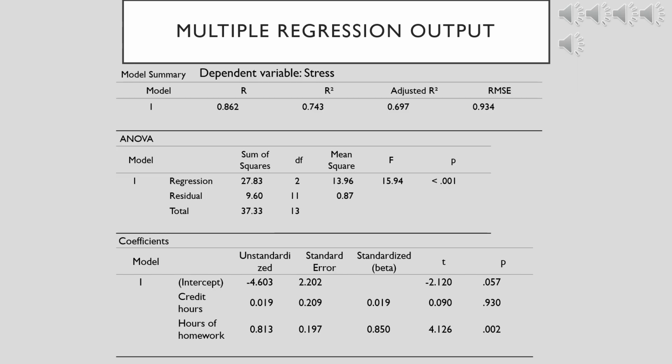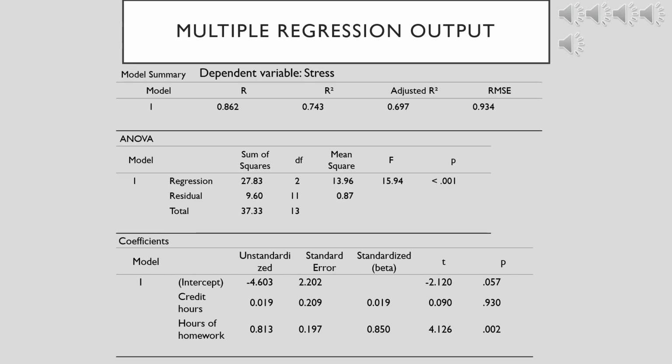Okay, and finally, what does an adjusted R-squared value of 0.697 tell you? That value, 0.697, tells you the proportion of variability in stress that is explained by both credit hours and hours of homework.